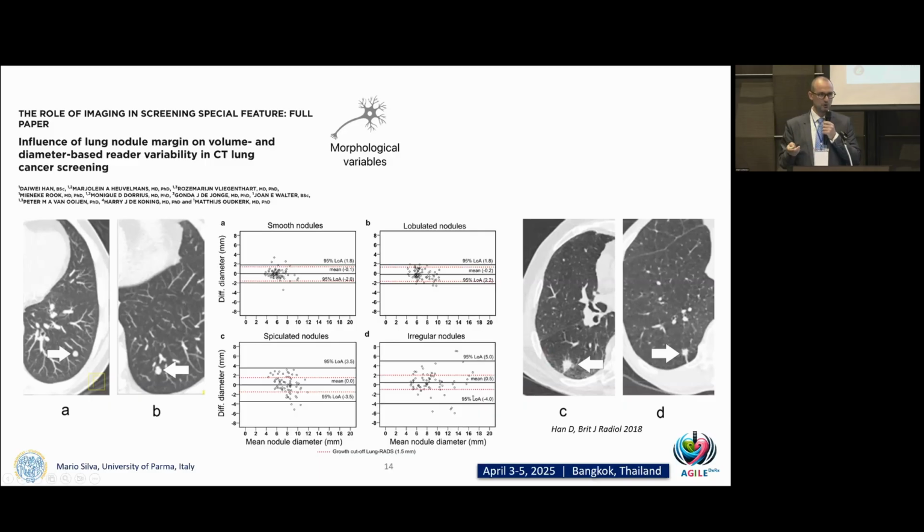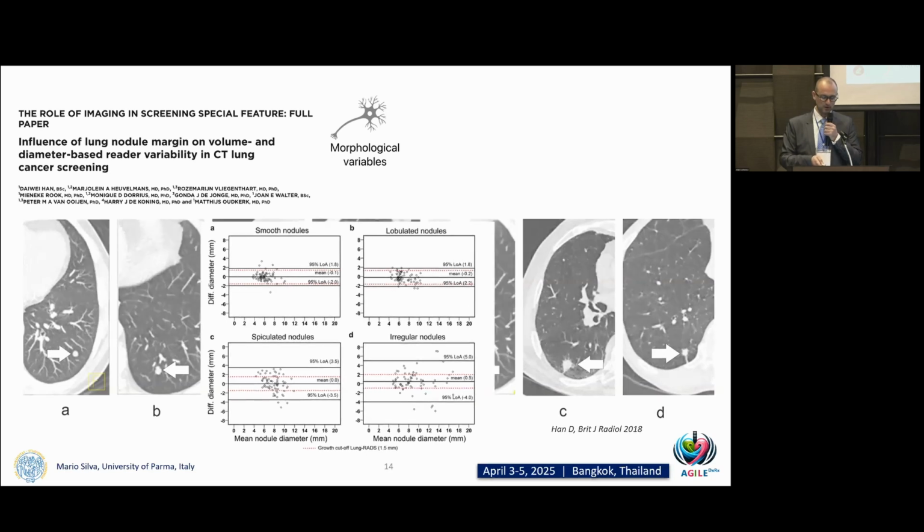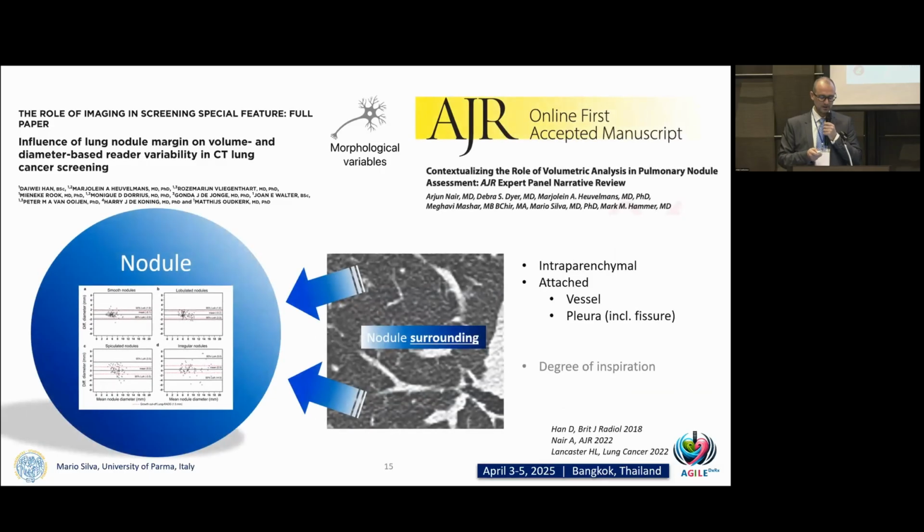So we have a drawback. We have to be active in clinical activity to know the drawback of the software. So basically, we have the nodule features that determine the benefits of the software. Smooth nodules, lobulated nodules are okay.